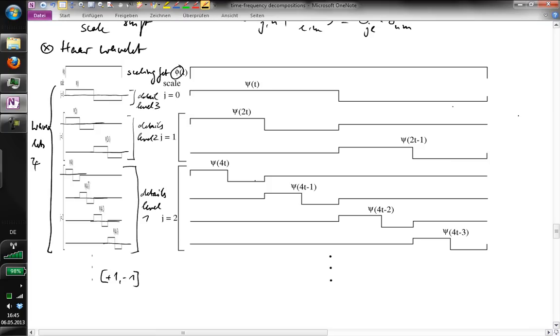And if you compare this wavelet here with that one there, it's also easy to see that they're orthogonal because the one wavelet here is constant positive and the other one is positive and negative. And if you take the inner product between these two, you get out 0.